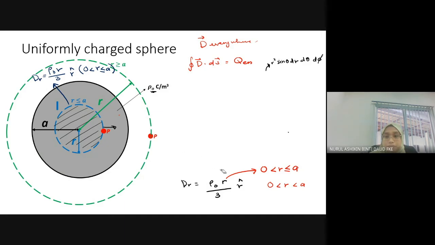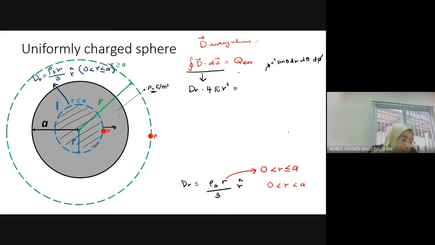For the left hand side, it will be the same: you will get dr, and then the ds is 4 pi r squared. How about the right hand side?